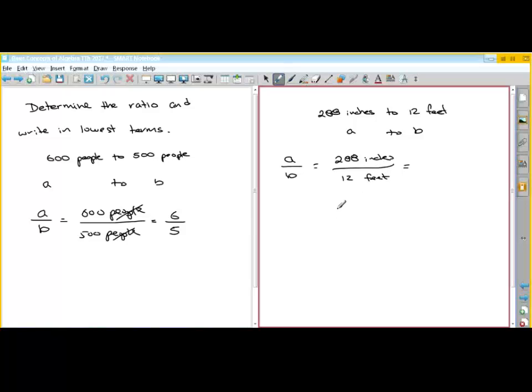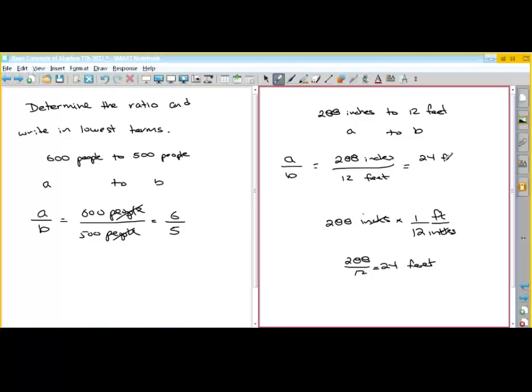Because they're the wrong units, they're not matching up as far as units are concerned, the first thing you would do is take 288 inches and multiply by 1 foot over 12 inches. So this is to convert inches to feet, or I could convert feet to inches. To convert inches to feet, I divide by 12. You see the inches cancel out, and I divide 288 by 12, and I get 24 feet.